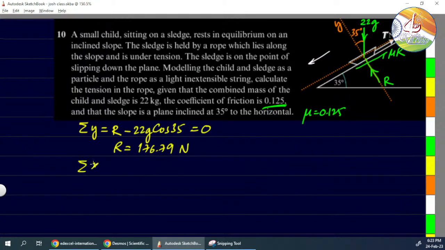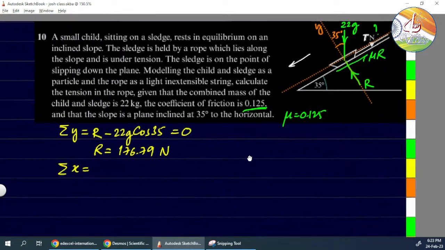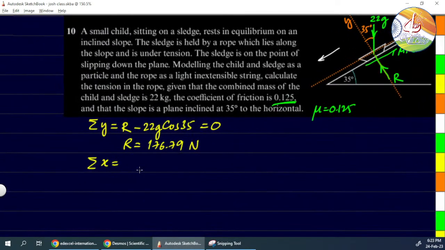Then we have to take sigma x, all the x components of the forces. So mu into R, mu is given 0.125, so 0.125 times R. This is in positive x direction. Tension is also in positive x direction. Component of 22g will act opposite to x direction, so minus 22g sine 35.